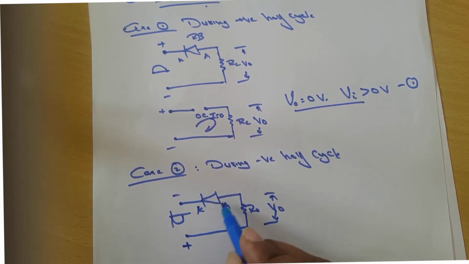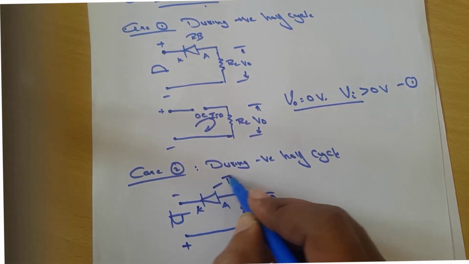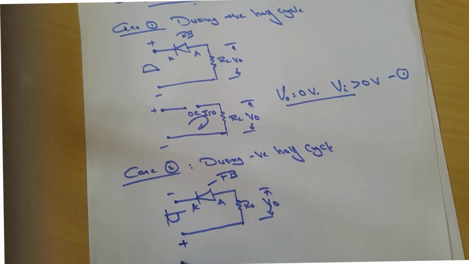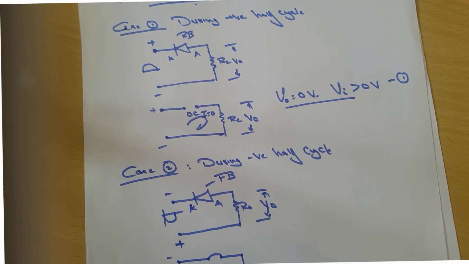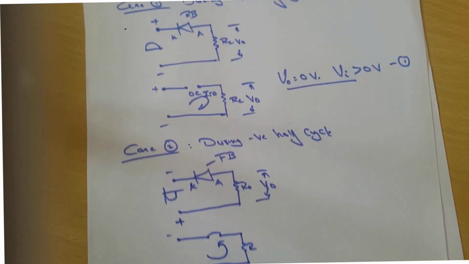It means here the diode is forward biased. Since it is forward biased, it is replaced by a closed switch like this, and the current flows in the counterclockwise direction.